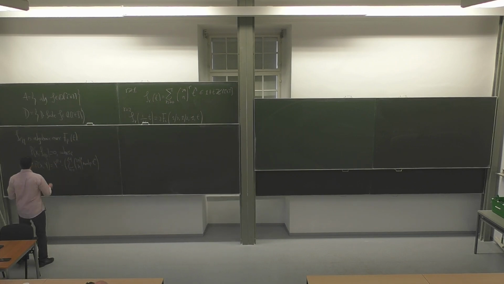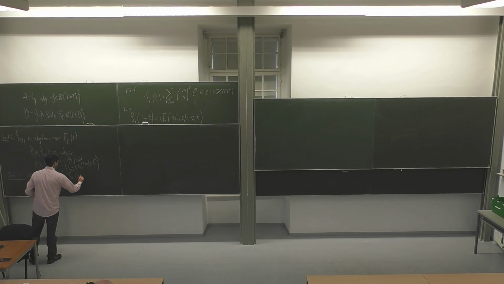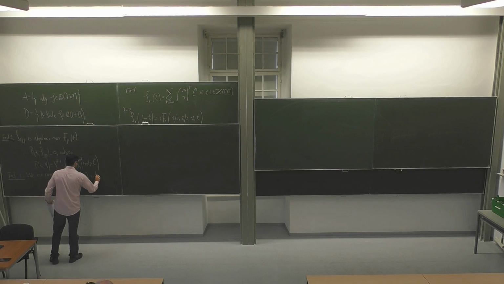So that is the first fact. Fact two: we can prove that if r is bigger than 1, F_r is transcendental.